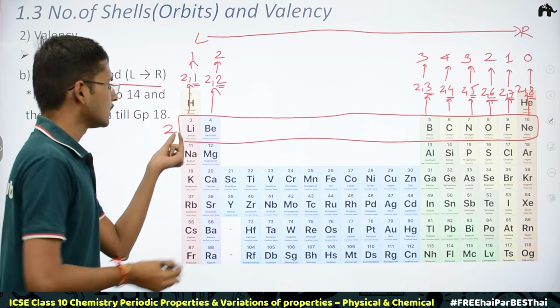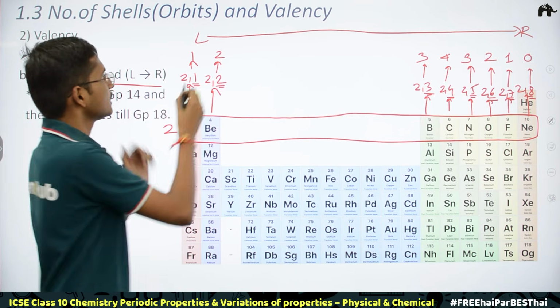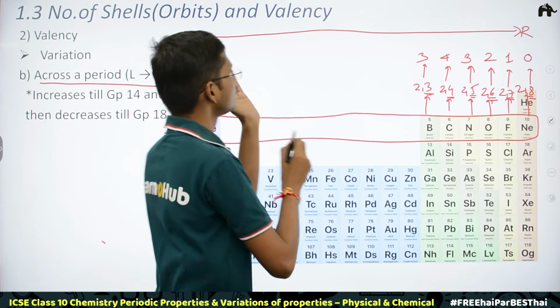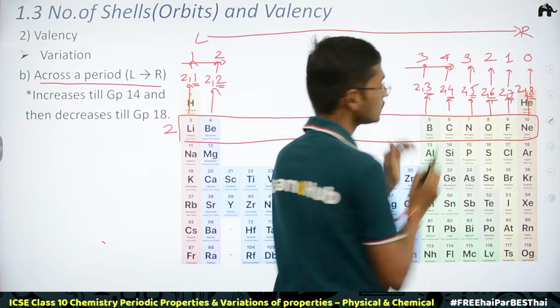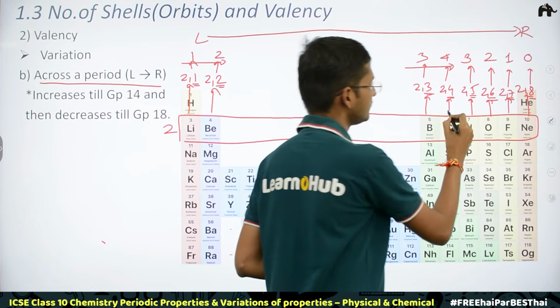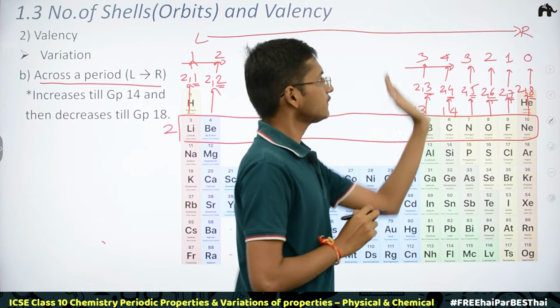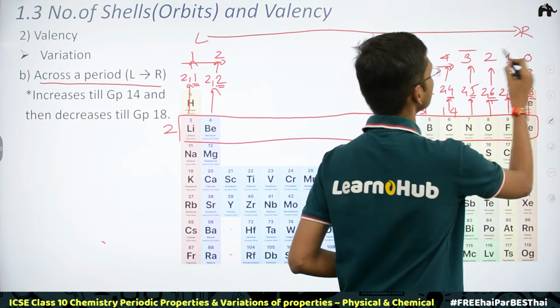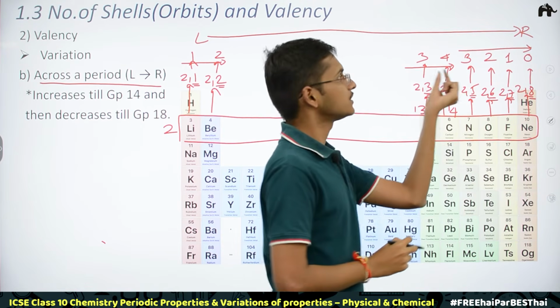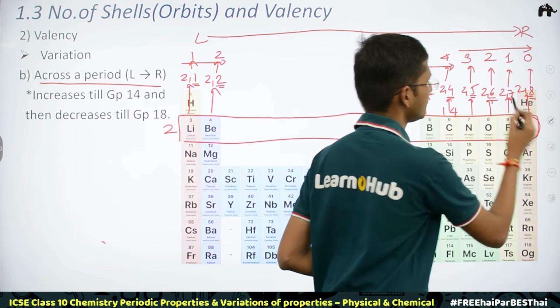When we start from the left in a period, valency is increasing: 1, 2, 3, then 4. Here after group 14, this is group 13, the boron family, then group 14. After group 14, valency goes on decreasing, 3, 2, 1, 0, till we reach group 18.